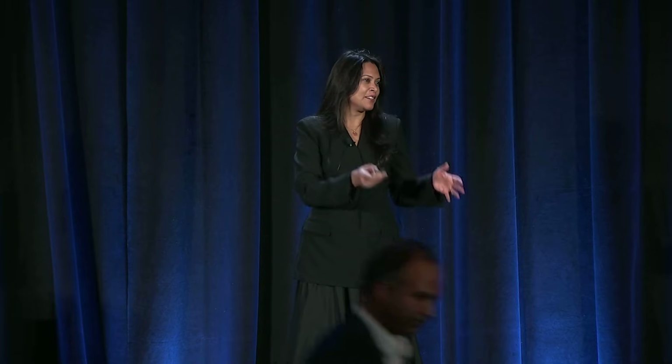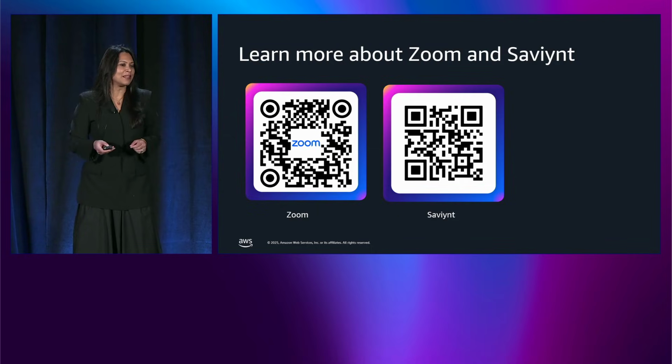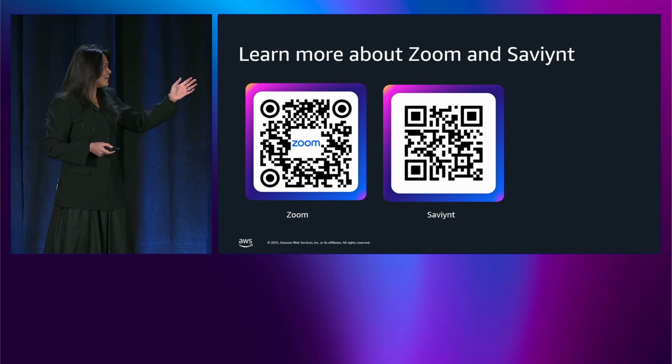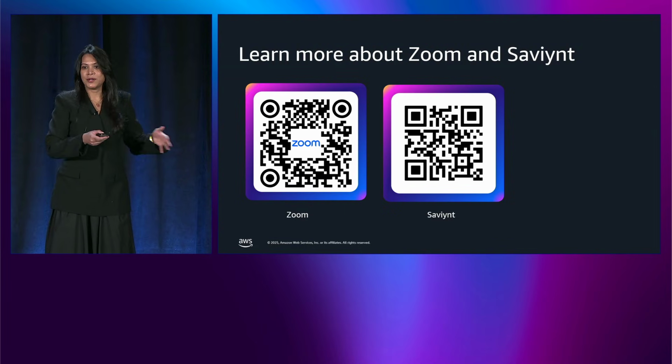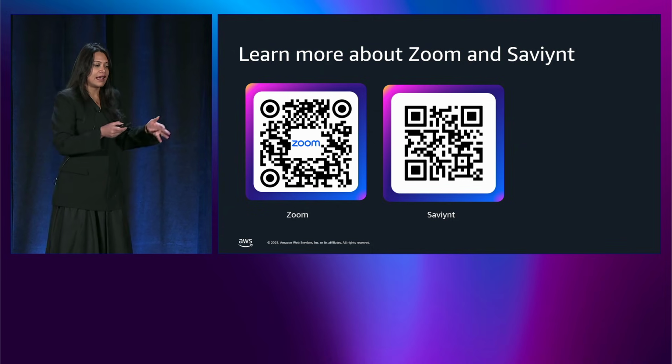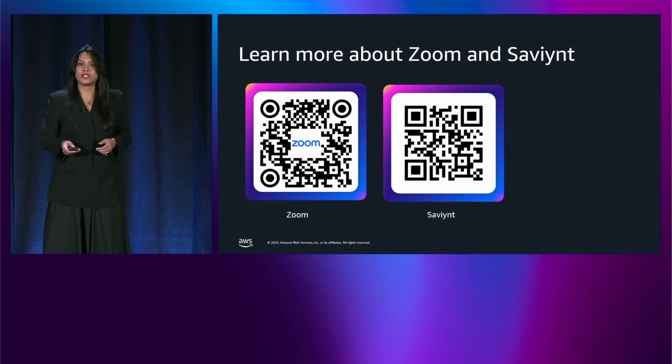Now that you have looked into how an application focused on security has enhanced their application with Amazon Quick Suite, if you want to know more about Zoom as well as Saviynt's application, we have resources for you. Please take a look to go deeper into the use cases and how they have integrated with Amazon Quick Suite.